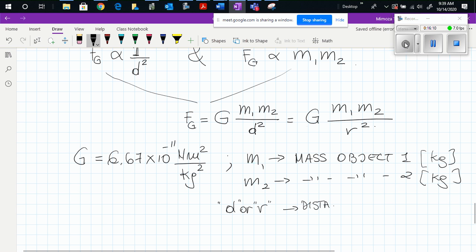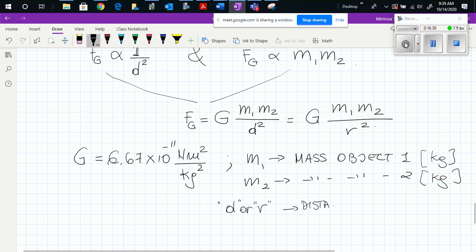It is important to say it's between two centers because we are dealing now with large objects like Earth or Sun, and the distance from the surface to the surface is different from the distance from the center to the center.